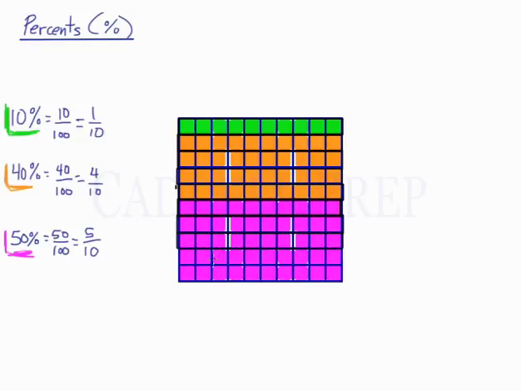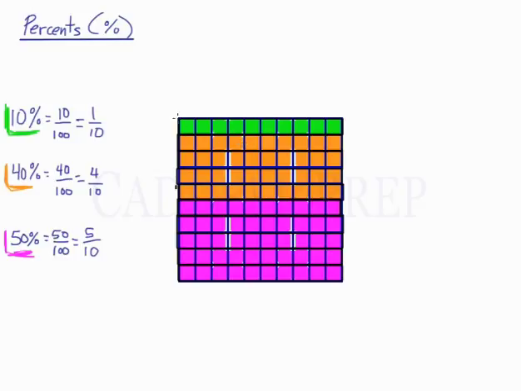So now you can kind of see it taking shape, and maybe it's starting to make sense. So this 10%, which is 1/10, is this whole thing. If we just color this whole thing in, you'll see that this is actually 1/10 of this entire shape.